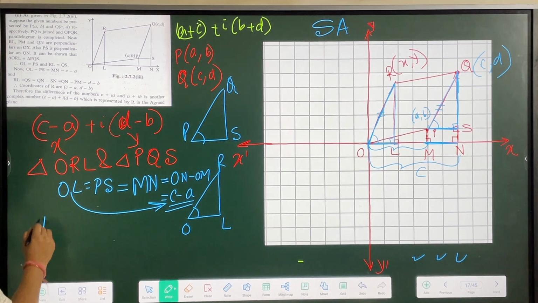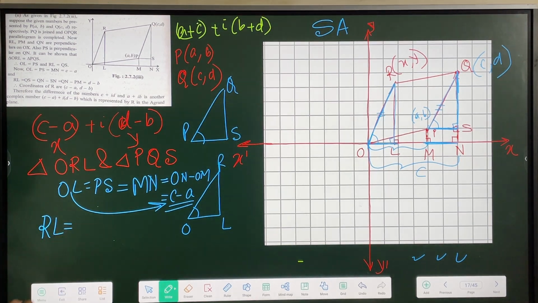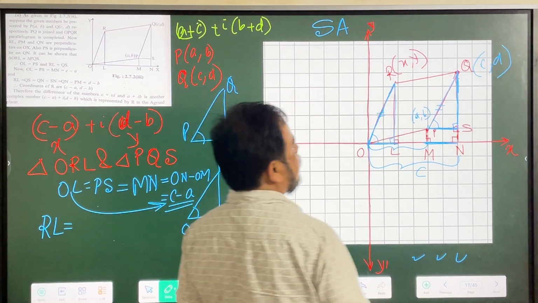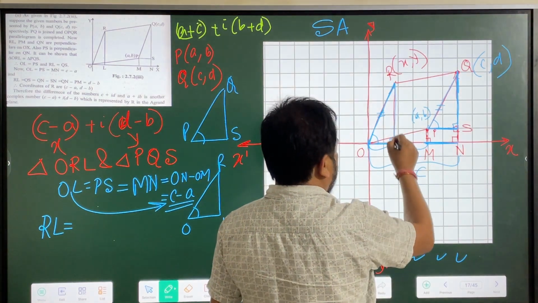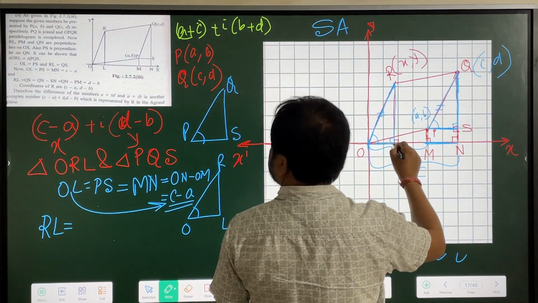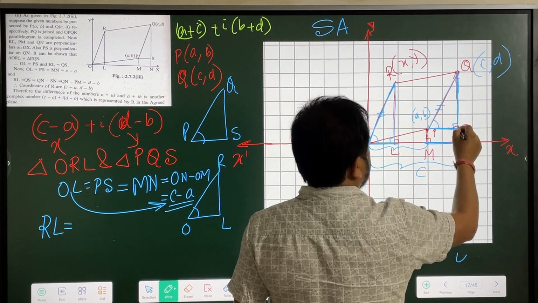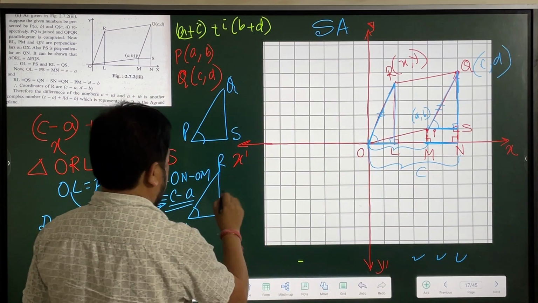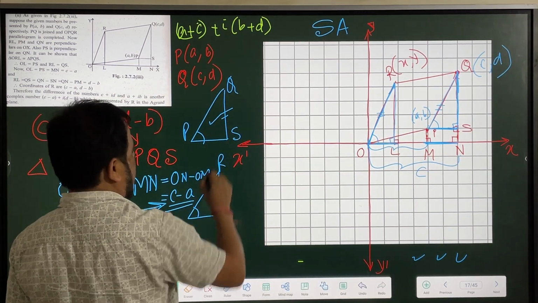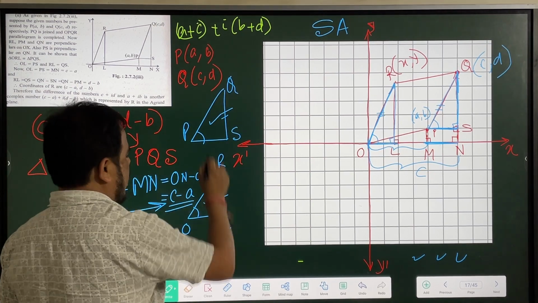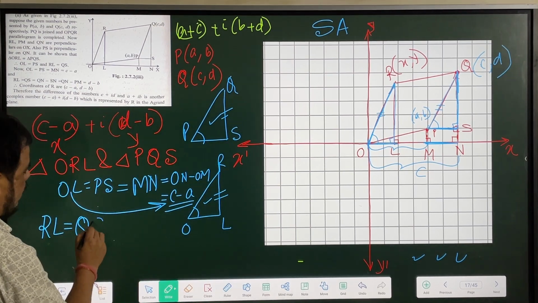Then we will go to RL. RL is equal to QS, because these two triangles are congruent. RL and QS, RL is equal to QS.